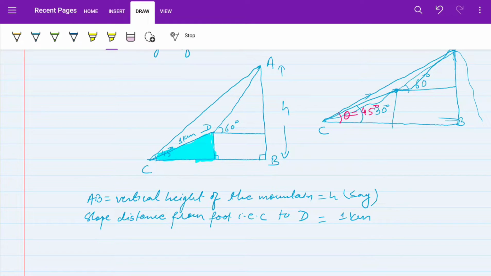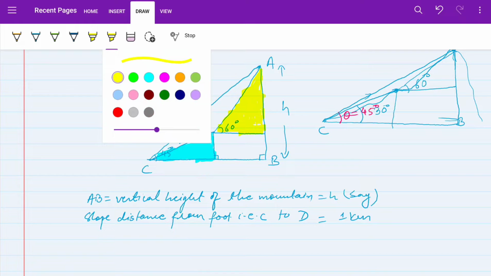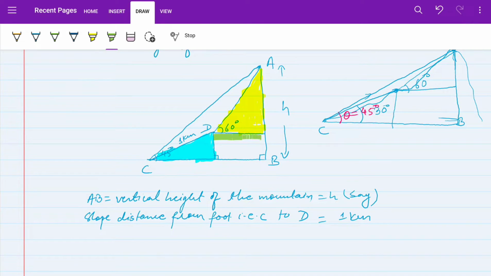So it is here, this is also a right angle triangle, this is another right angle triangle, and I can see a rectangle as well. So here is the rectangle, another geometrical figure which I can see.